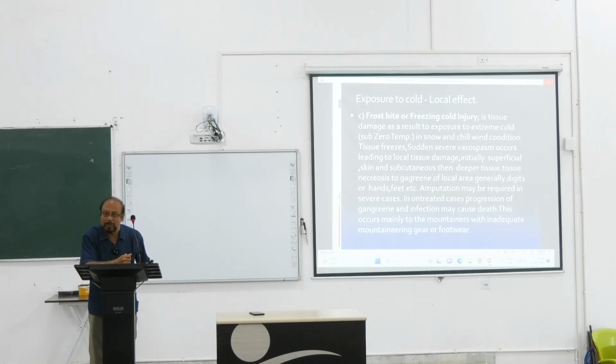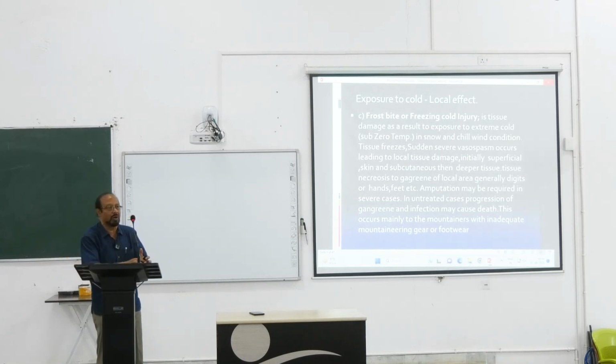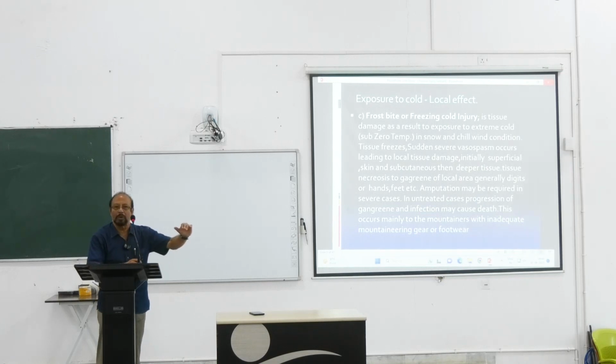If you do not amputate, gangrene occurs, it may get infected, and sepsis develops. That is a general effect in all situations where gangrene occurs. So there is every possibility that sepsis develops and the patient may die from septicemia. Unless immediate action is taken, amputate the part, debridement is to be done, so that it does not progress deeper.